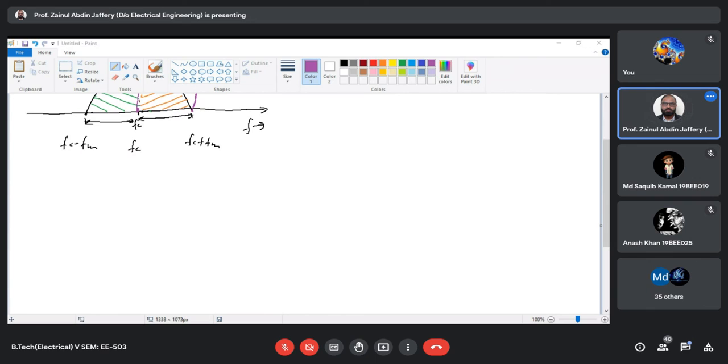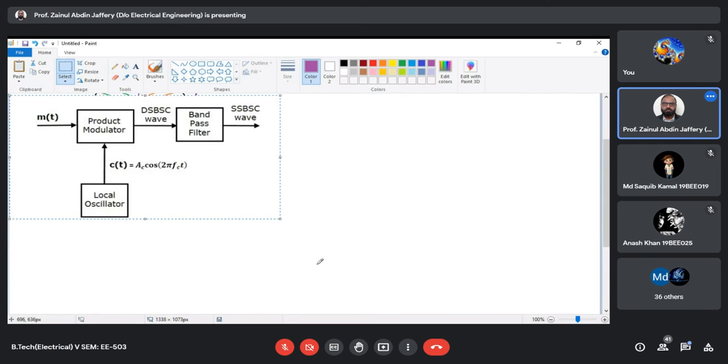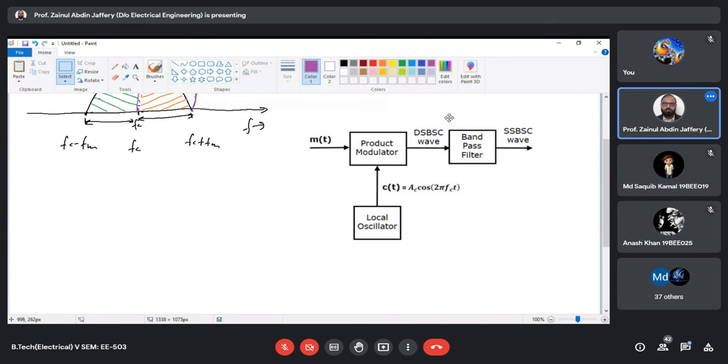Okay, so this is the simple circuit you can use.